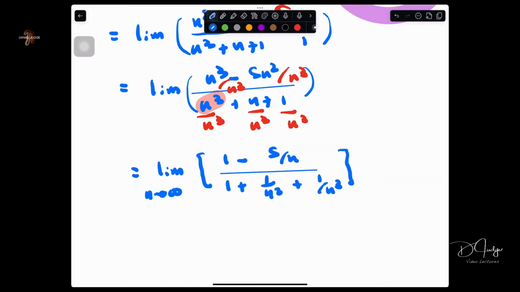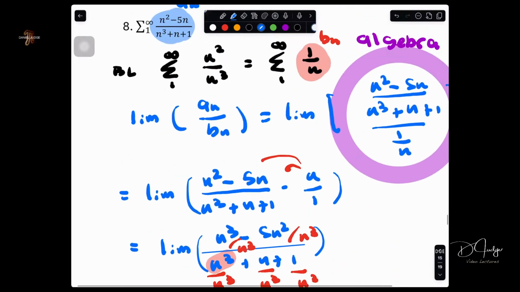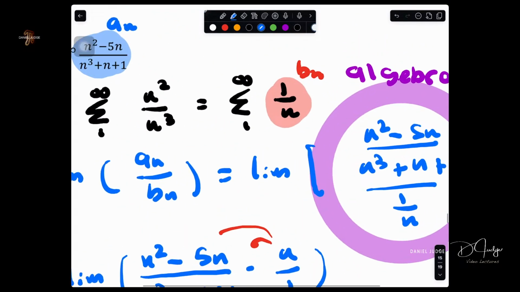Now, as you take those limits, this goes to 0, goes to 0, goes to 0. You are left eventually with 1 over 1, where this limit is 1, it's positive. This is greater than 0. This is that C value. It's finite and positive. So what that means is both series will converge or diverge.